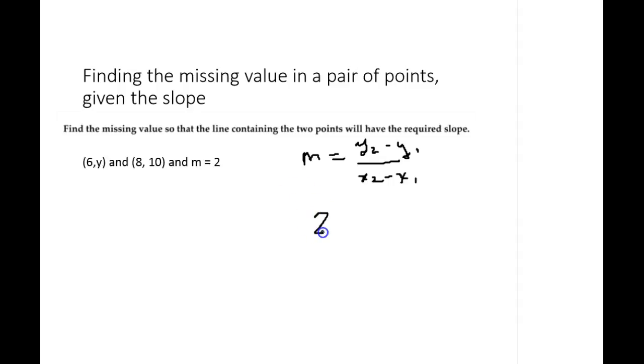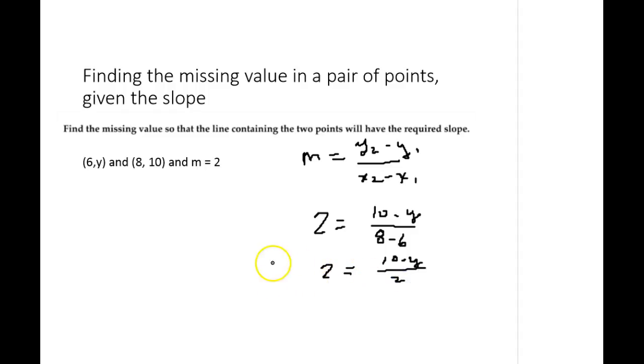The slope is 2, so I have 2 equals 10 minus y over 8 minus 6. I'm going to go ahead and simplify this. 2 equals 10 minus y over 8 minus 6, which is 2.